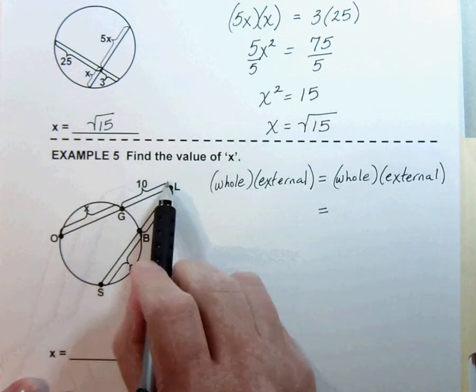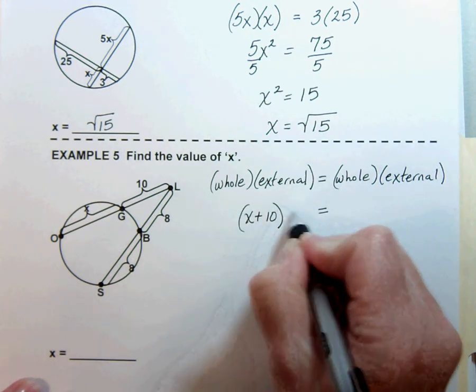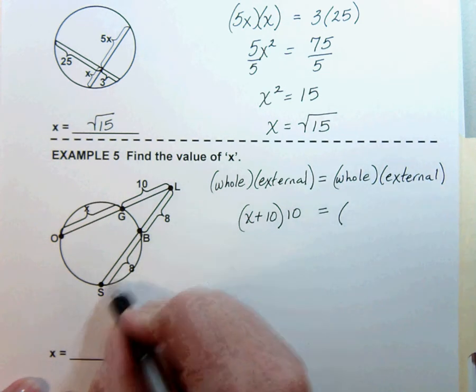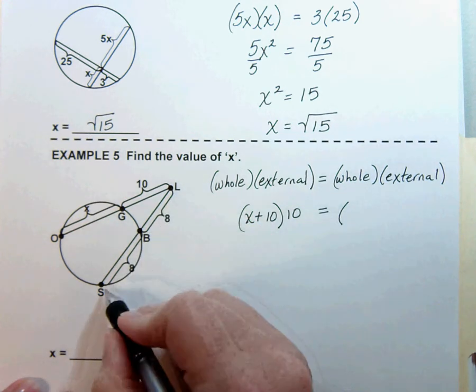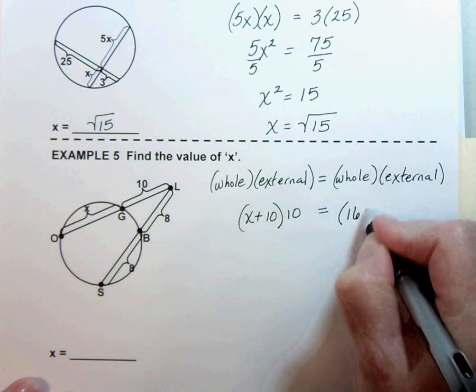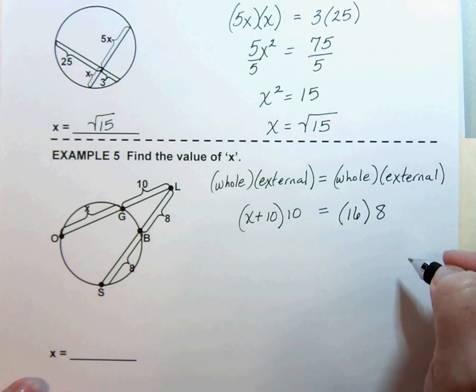The whole secant up here would be adding x and 10. The external part is just the 10. The whole secant in the bottom part here, make sure you're adding, not multiplying. The SL means the length of that secant, which is the 2 8s added together, and then just the external part would be the 8.